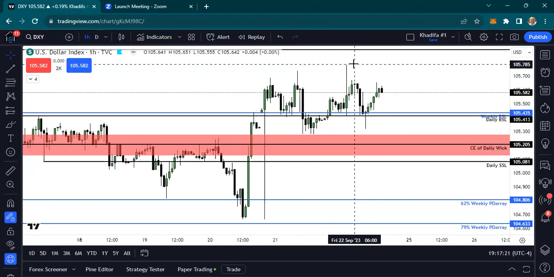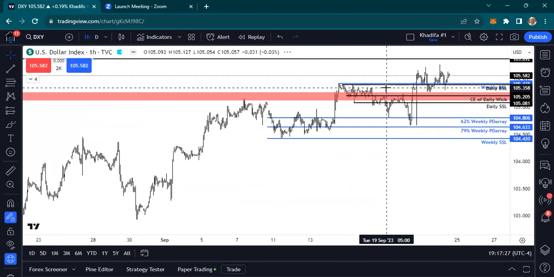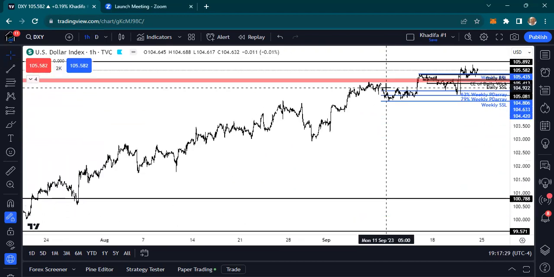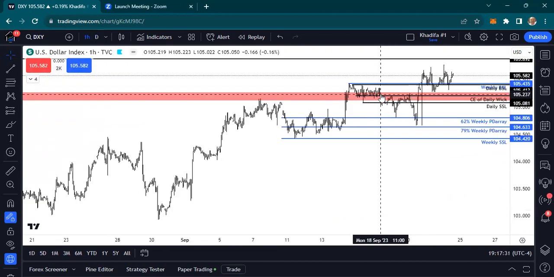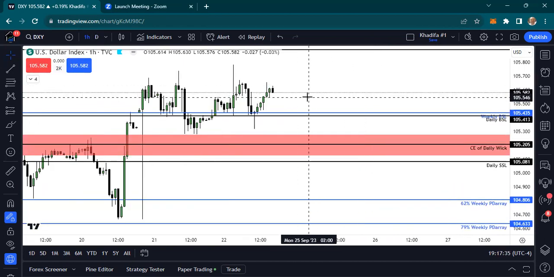So we attempted, we got up to 0.785 and that yearly high is 0.892. So let's see how we open up next week.